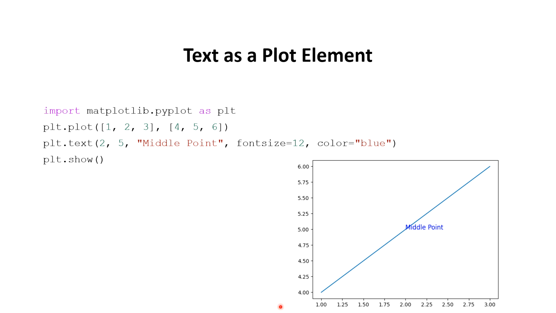Next, again, there is a line, and you need to identify any point in the line, or a knee point, or some other point, some other text you want to write on the line. This configuration I already discussed, but I am repeating. Suppose some graph you have plotted, and here the position is x is 2 and y is 5.